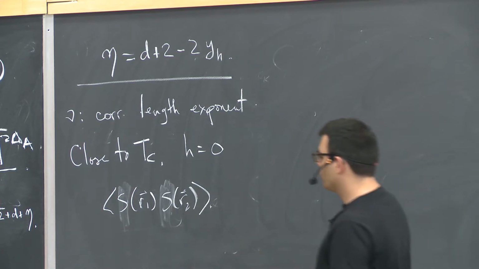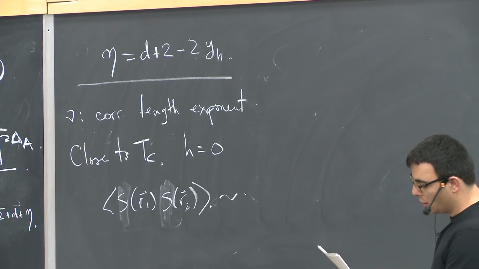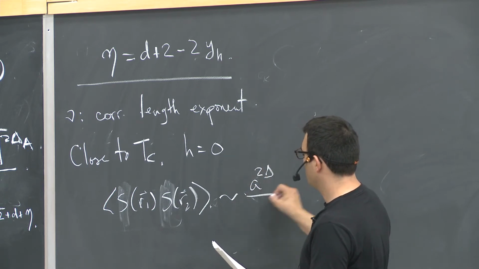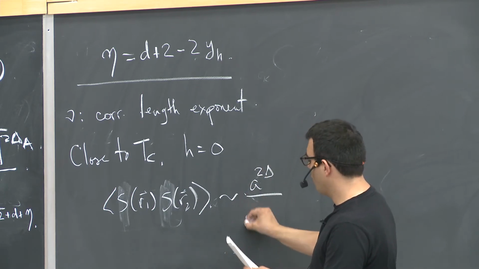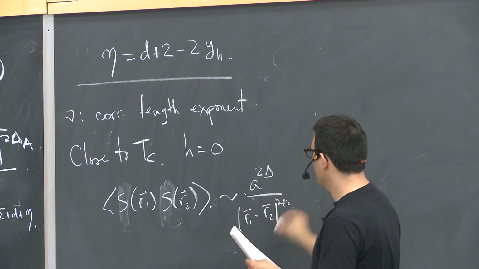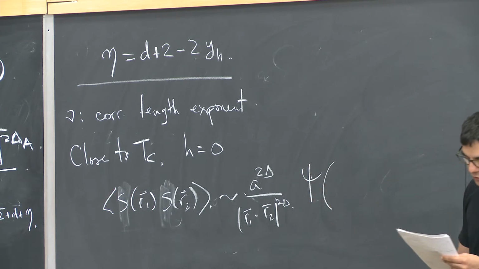So again, just by consistency with RG, this should go like a to the 2 delta divided by (R1 minus R2) to the 2 delta times some function of some dimensionless ratio.